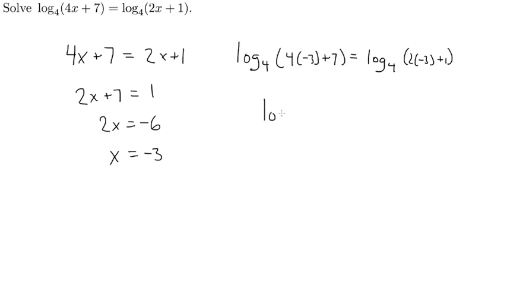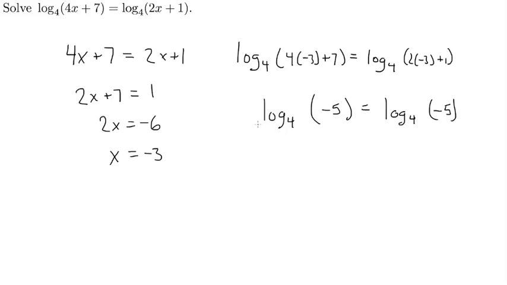So that gives us log base 4 of, let's see, that'll be negative 12 plus 1, so that's going to be negative 5, equals log base 4 of, let's see here, negative 6 plus 1, so negative 5. So we get the same thing back, so it works. Well, not entirely. Log base 4 of negative 5.